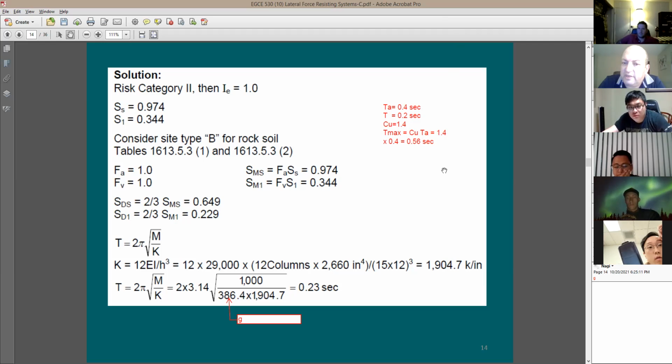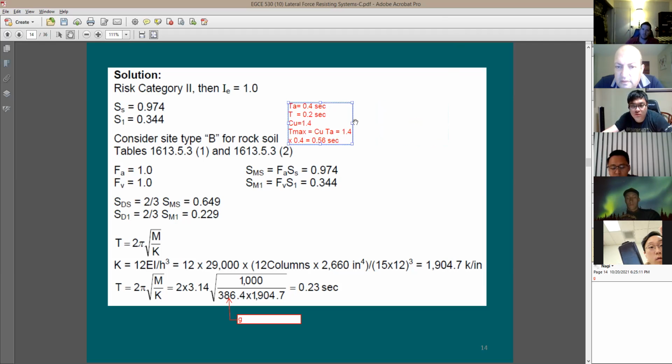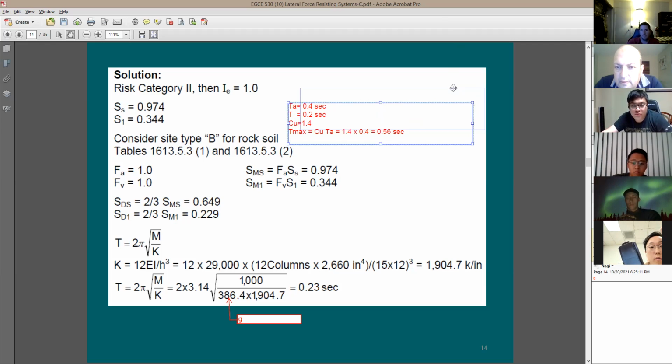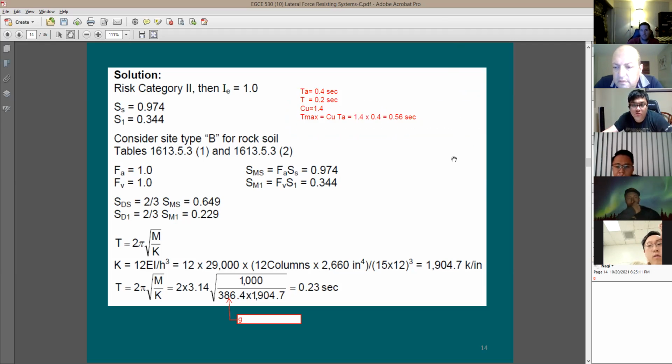Now, which value should I use in my analysis? Bigger value. Code says if you have means or methods to do the accurate method, which means this one here, do it, and compare it with the maximum natural period.